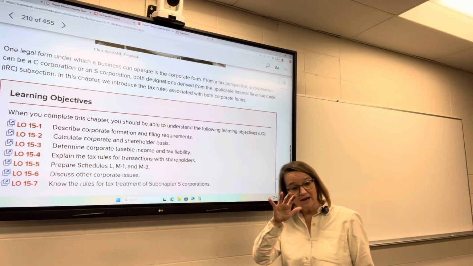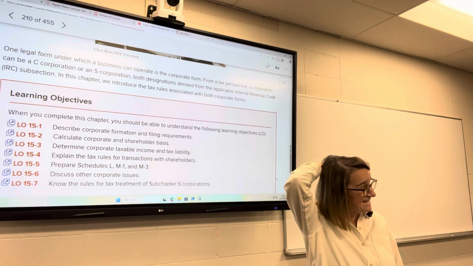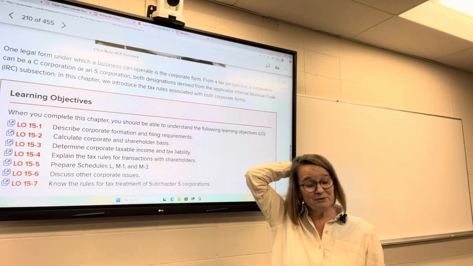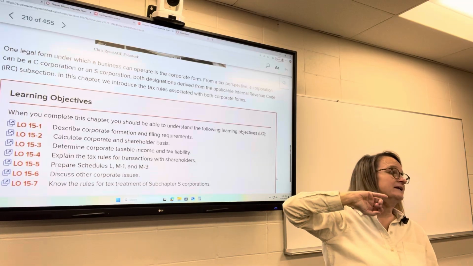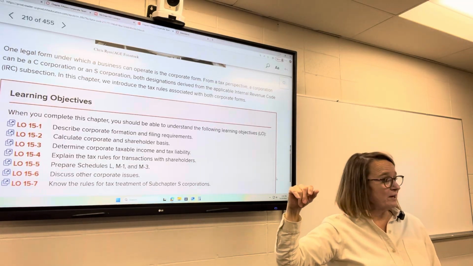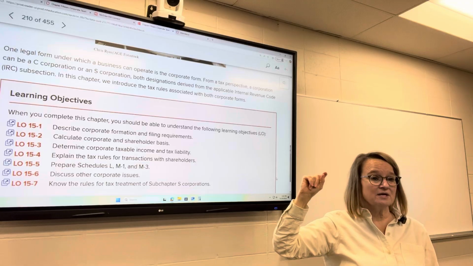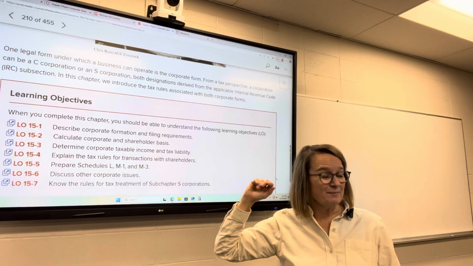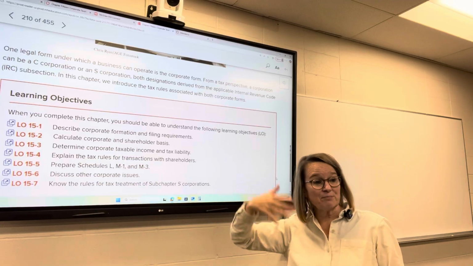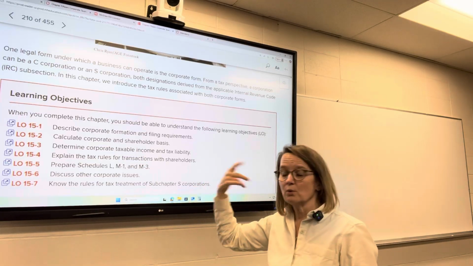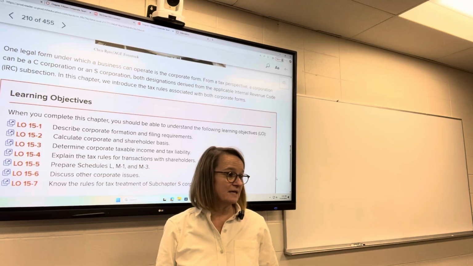And another nice thing about corporations is calculating the tax liability is actually quite easy. Once you arrive at taxable income, it's just multiplied by 21%. There's one tax rate for C corporations, and that tax rate is 21%. So that's really nice. We don't have that progressive tax structure where we've got marginal tax rates and average tax rates.